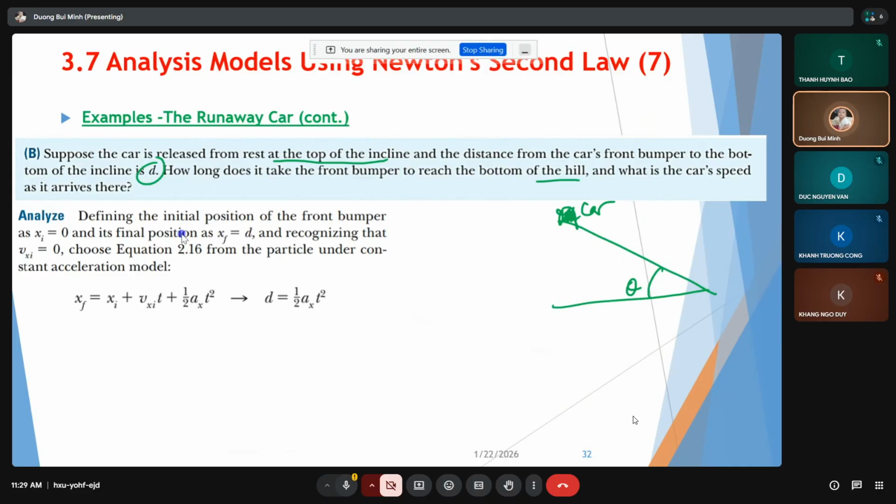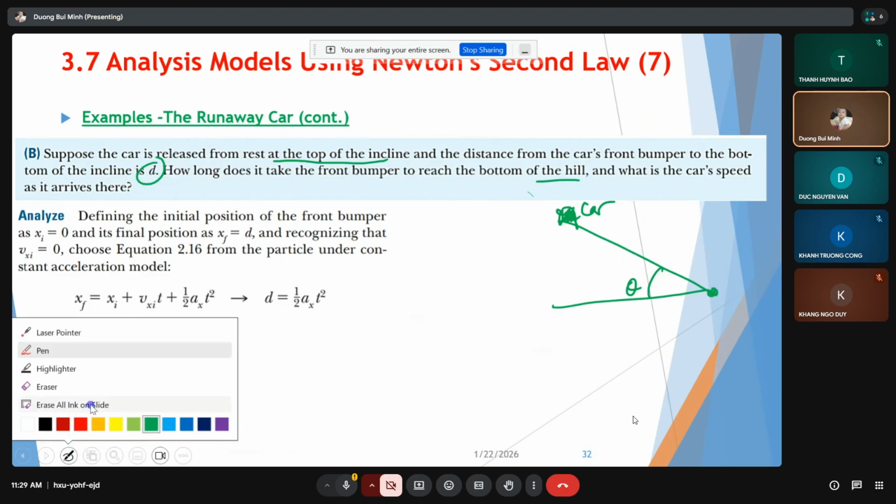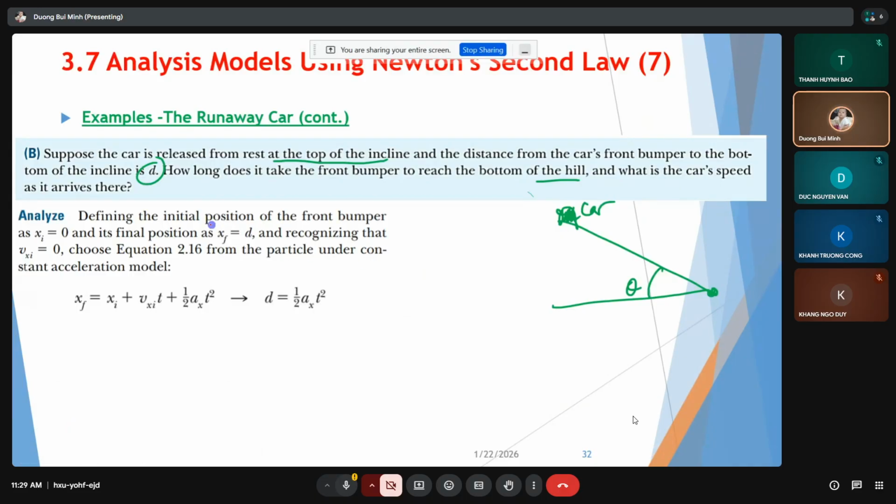Now we can think about the constant velocity or constant acceleration model we studied from lecture 2, right? So this is the initial position, and this is the final position. Define the initial position of the front bumper as xi is 0, and the final position xf.